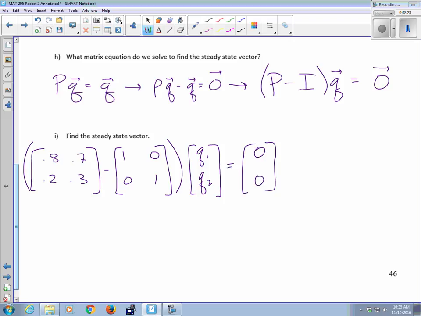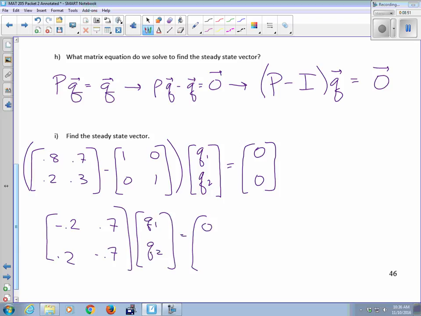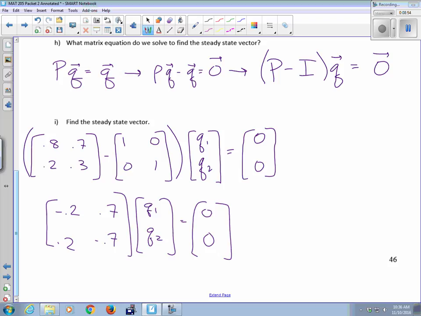So that's the equation we need to solve. So 0.8 minus 1 is negative 0.2. 0.7 minus 0 is 0.7, 0.2 minus 0 is 0.2, 0.3 minus 1 is negative 0.7, times Q1, Q2 equals 0, 0. And we would solve this just by setting up an augmented matrix and row reducing.